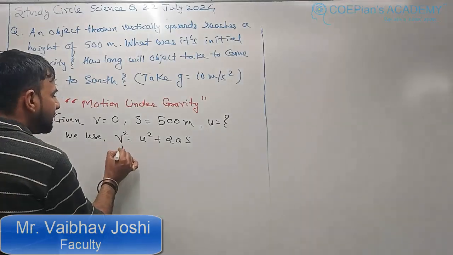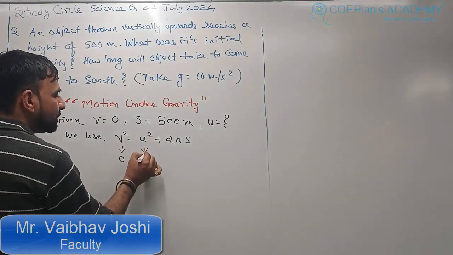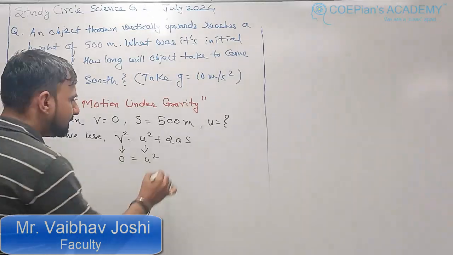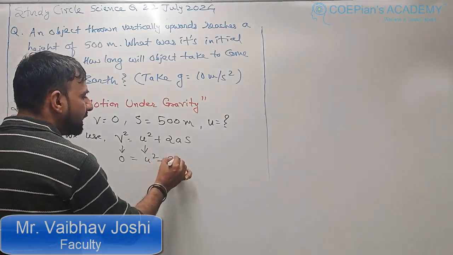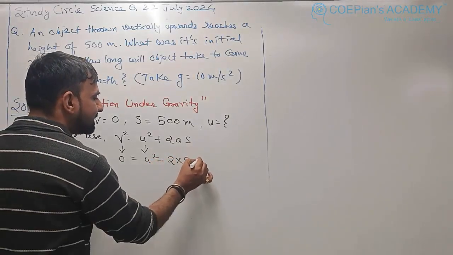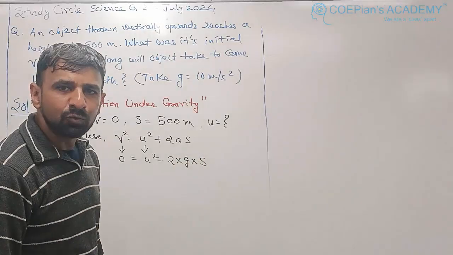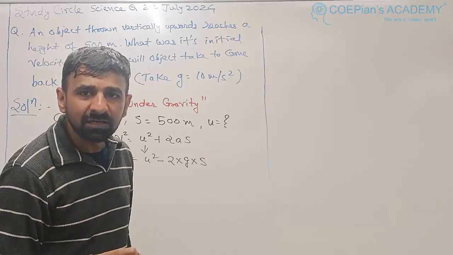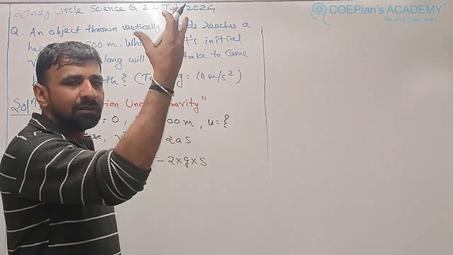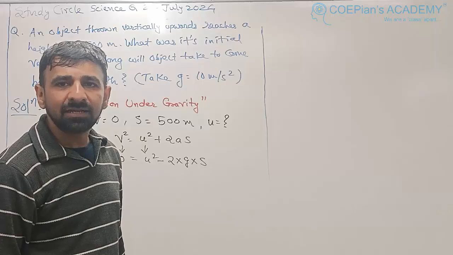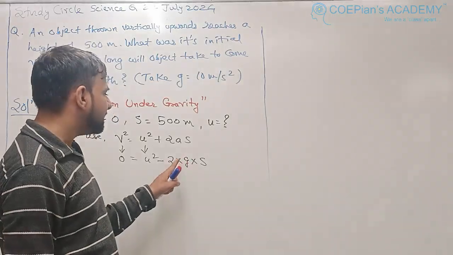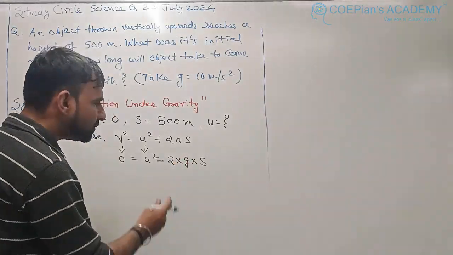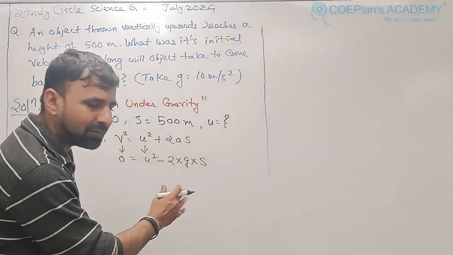So here v square will be 0, u square is what we require, minus 2 into g into s. Why did I put a equal to minus g? Because under gravity it is always vertically downwards, and according to sign conventions, the vertically downward direction is always taken as negative. So that's why it is going to be minus g, right? So you are going to substitute the values further.